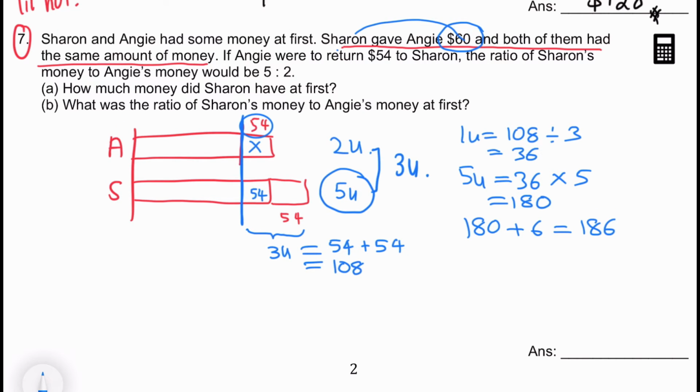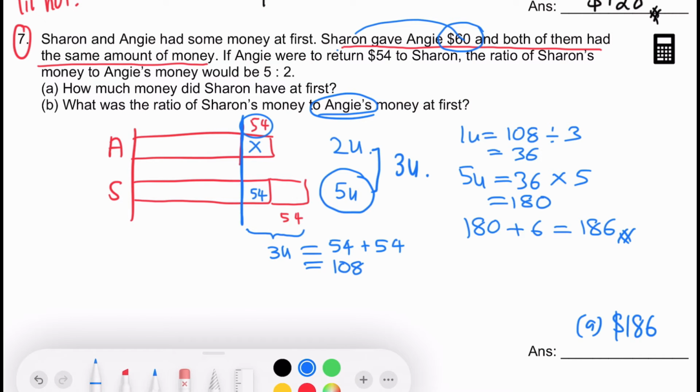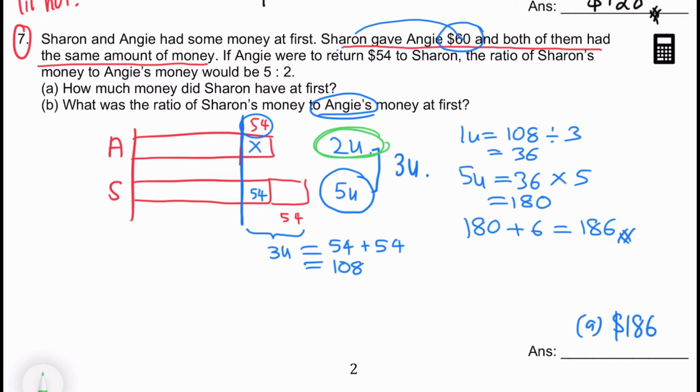So for answer A, it will be $186. Now B, what was the ratio of Sharon's money to Angie's money at first? So I have to find out Angie's money, and again I'm going to use these 2 units to find.